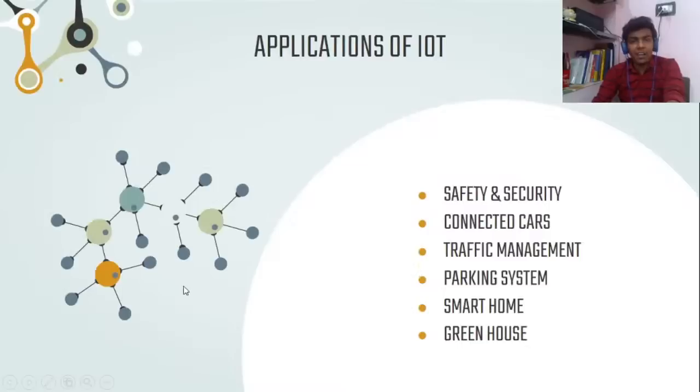Okay, and then we'll move on to the applications of IoT. First one is safety and security. For safety and security, we have an IoT-based door lock system, an IoT-based car unlock system, and IoT-based authentication systems. While going near the car, we can put the password in our mobile phone to unlock the car, or to unlock the door.